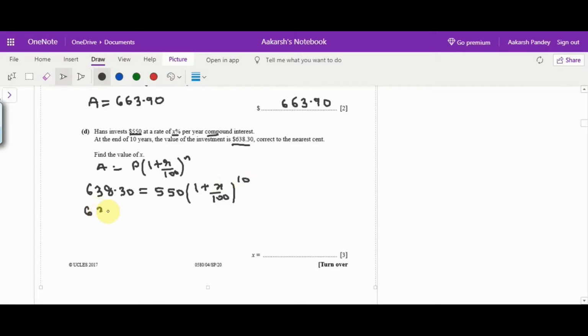So 638.30 divided by 550 is equal to 1 plus X by 100 raised to 10.